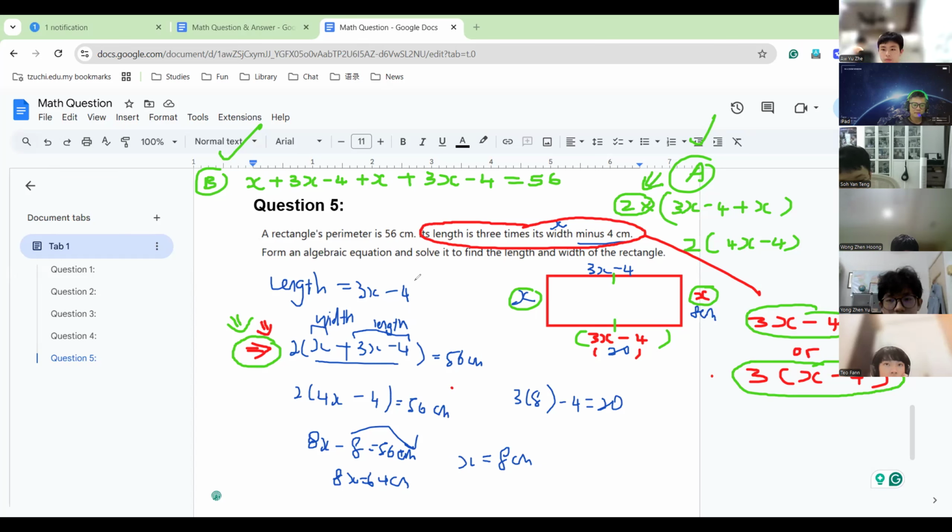So if it's 3 times, x minus 4 in brackets, the sentence should be something like its length is 3 times of width minus 4.